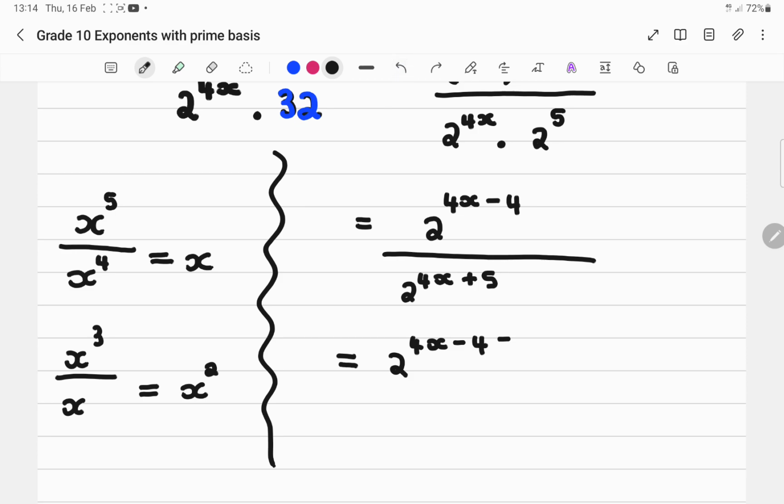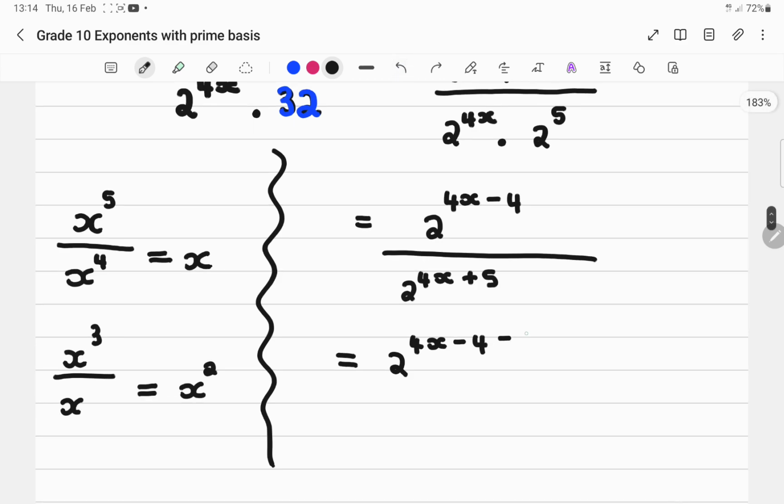Okay, so minus 4. Now very important, I'm going to just stress that again. When you subtract, because it's no longer just one term that you're subtracting, it's 2 terms that you're subtracting, you have to put it inside a bracket, because that negative has to be distributed to the 4x. We have to minus the 4x as well as the positive 5.